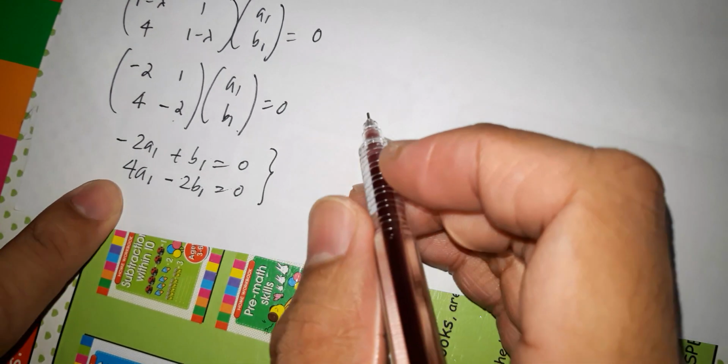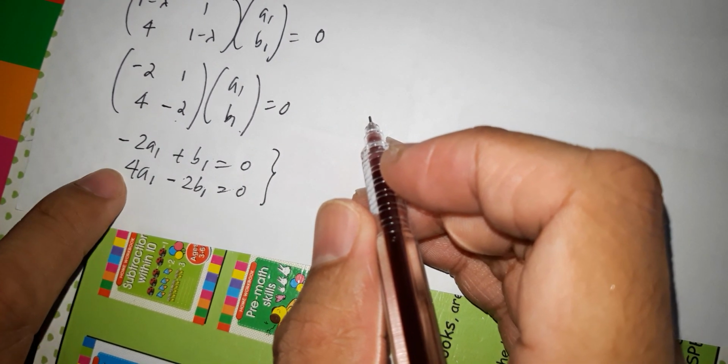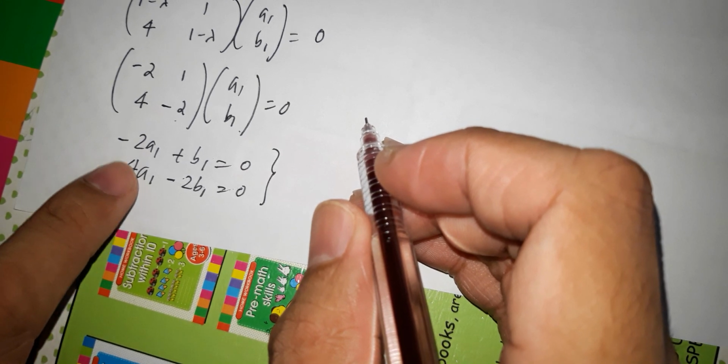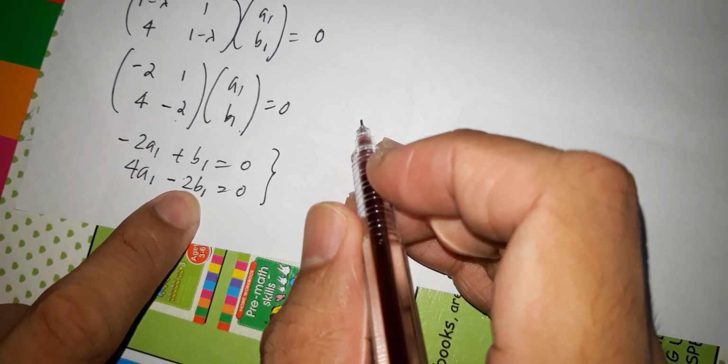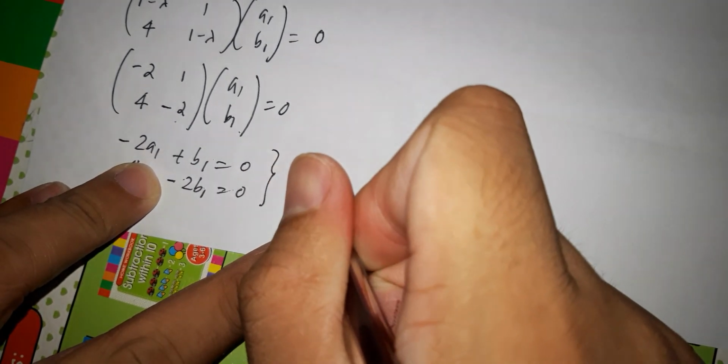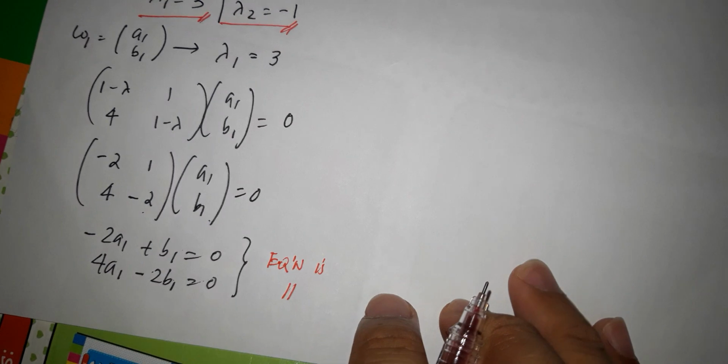So again, i-check natin if the system of equation here is parallel. If I divide this by negative 2, 4 divided by negative 2 is negative 2. Negative 2 divided by negative 2 is positive 1. Therefore, the system of equations is parallel. Ibig sabihin, we are on the right track.